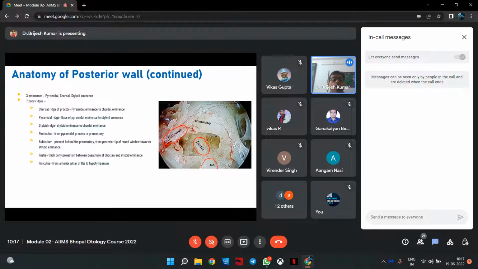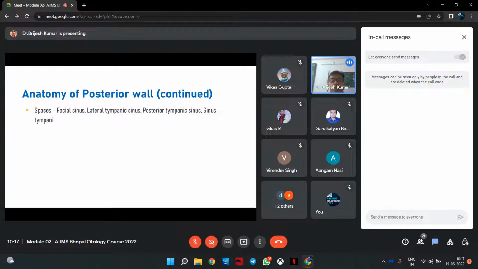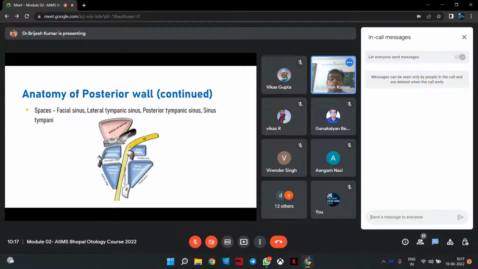Apart from this, some more spaces are there around the facial nerve. The two lateral and two medial spaces: the two lateral ones are the facial sinus and the lateral tympanic sinus, and the two medial ones are the posterior tympanic sinus and the sinus tympani.